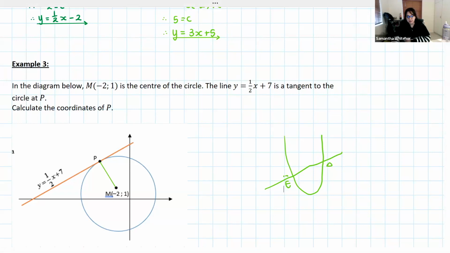Okay, grade 12, when you have two functions that cross or intersect with each other, what do we call the point where they intersect?